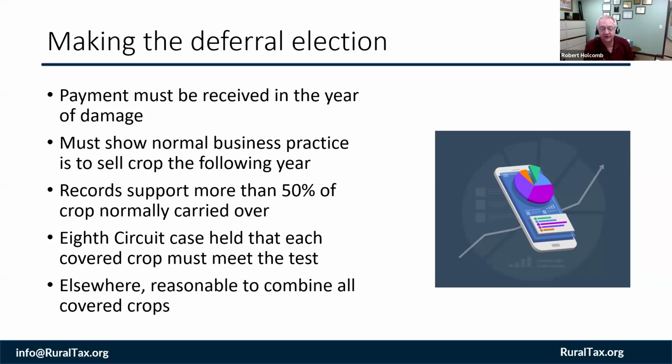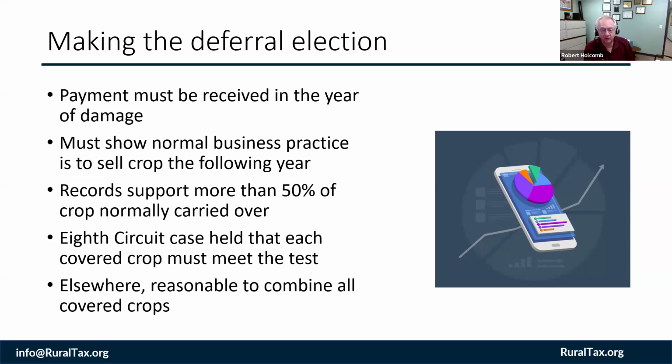Let's say, for instance, that I've got a producer growing corn, soybeans, and wheat. Those three commodities, I need to look at each of them individually. Are they normally selling over half the corn the following year of production? Same question with the soybeans: are they normally selling over half the beans the following year? Same thing with the wheat.